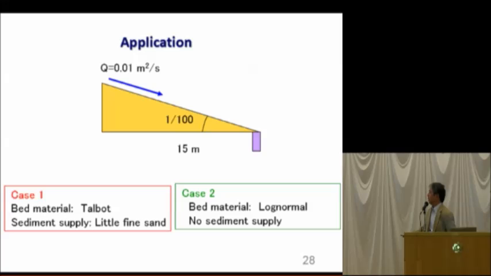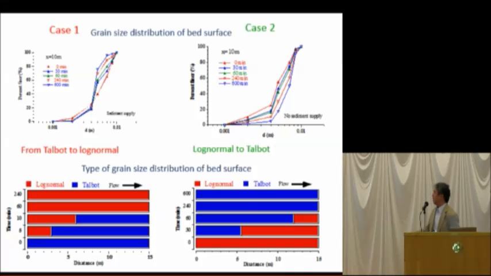In case one, initially the bed material is Talbot distribution, and we supply a little bit of fine sediment. In case two, the bed material is originally log normal and there is no sediment supply. This is the result of the simulation.